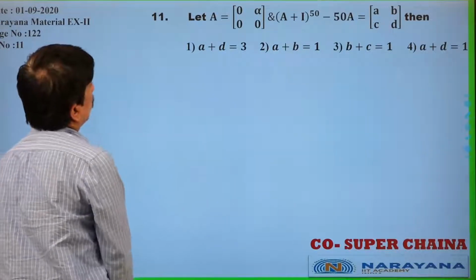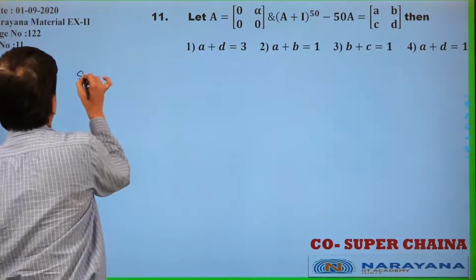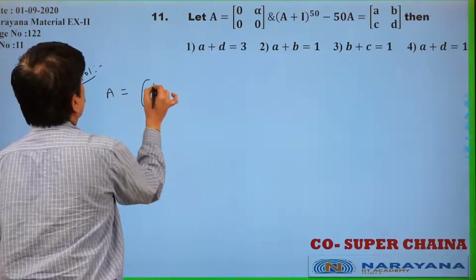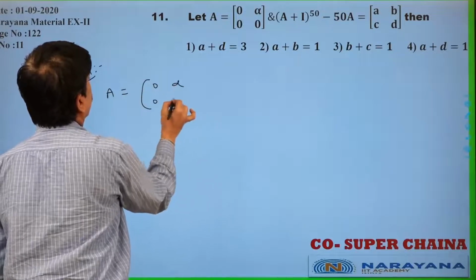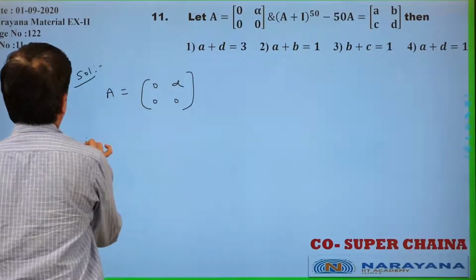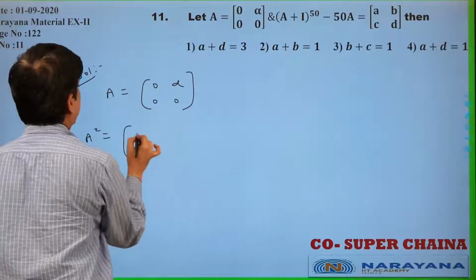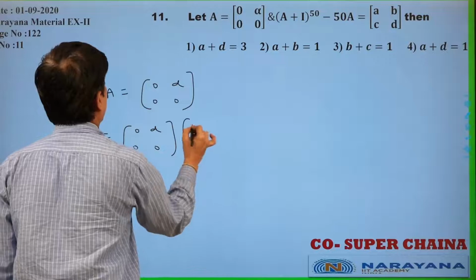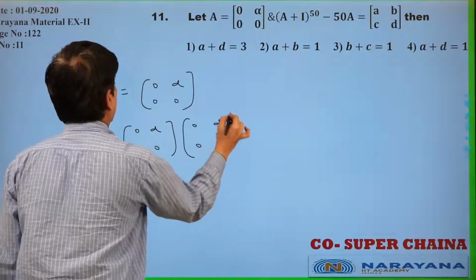A equal to [0 alpha; 0 0]. Capital A equal to [0 alpha; 0 0]. I will find what is A square. A square equal to [0 alpha; 0 0] into [0 alpha; 0 0] only.